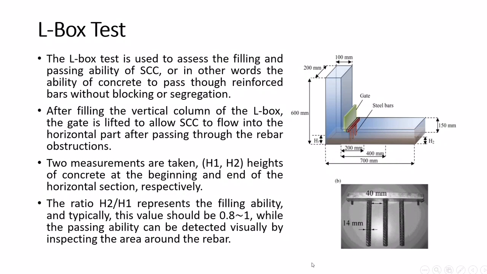Two measurements are taken: H1 and H2, heights of concrete at the beginning and the end of the horizontal section, respectively. The ratio H2 divided by H1 represents the filling ability, and typically this value should be 0.8 to 1, while the passing ability can be detected visually by inspecting the area around the rebar.